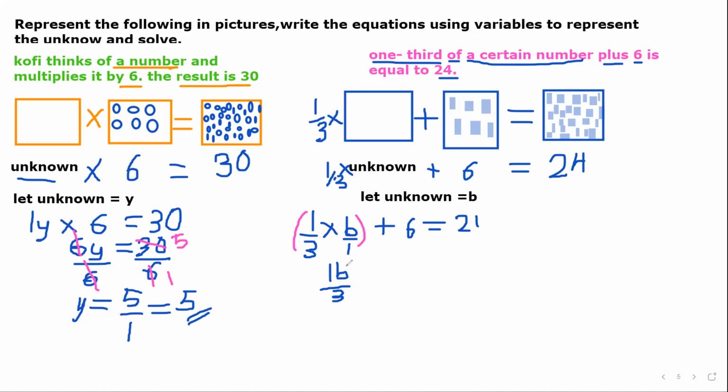So 1 times b is 1b, and here the denominators are 3 and 1, so 3 times 1 is 3, plus 6, equal to 24. Okay, good.